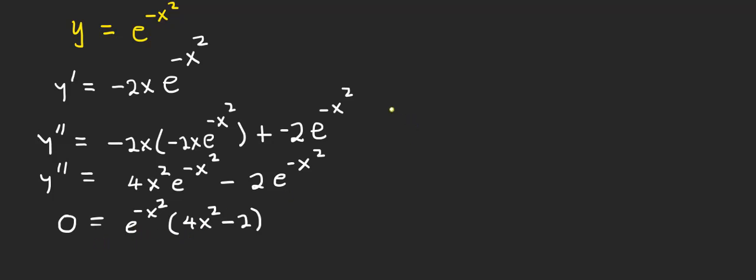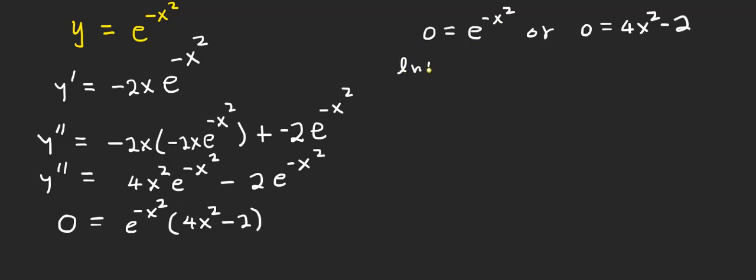Now, this happens when 0 is equal to e to the negative x squared, or 0 equals 4x squared minus 2. In order to solve for x, you have to take the natural log of both sides, but we have a problem here. What is the natural log of 0? It's undefined. So you cannot solve this.